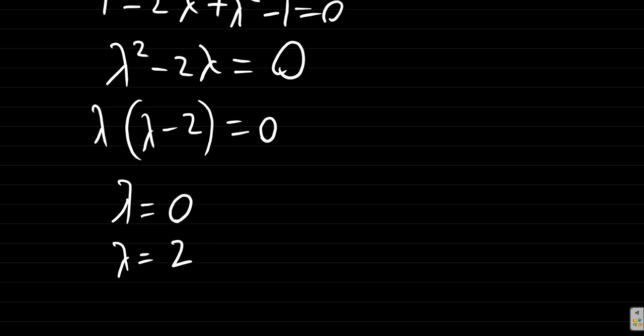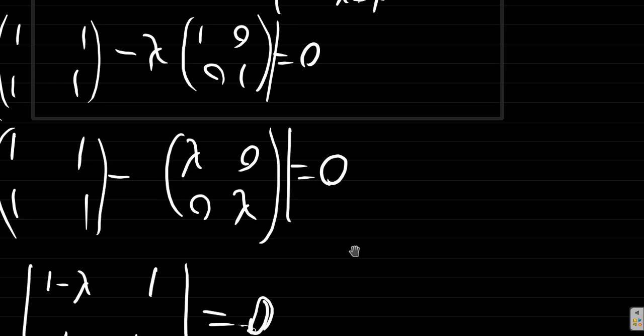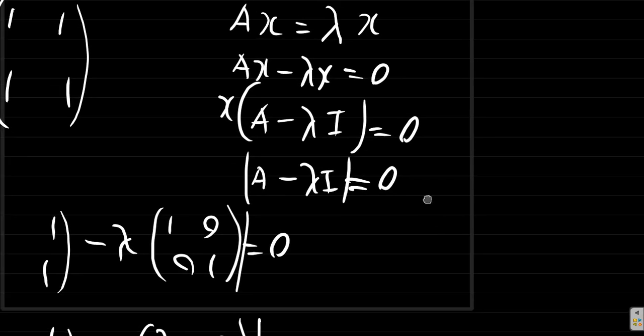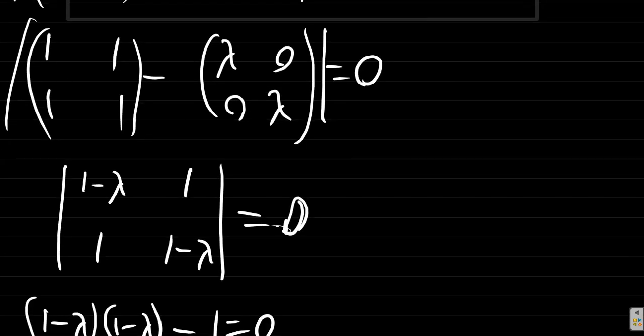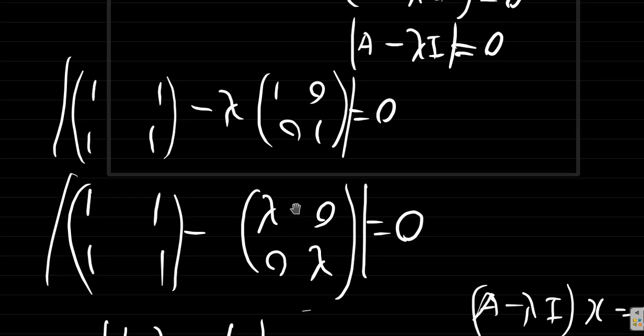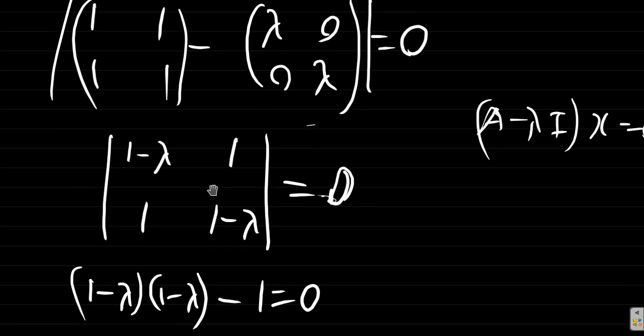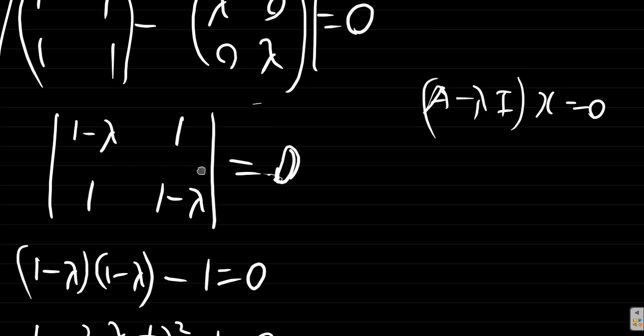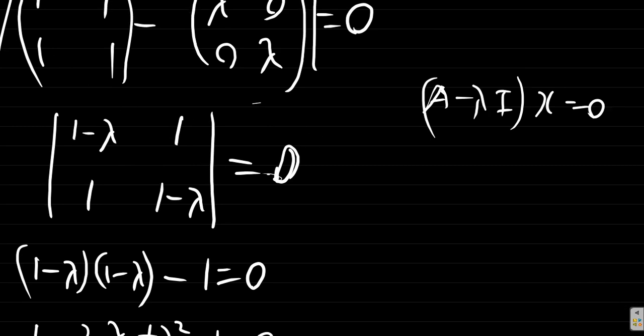Now, these are the eigenvalues. We want the eigenvectors now. Remember, when we have A minus lambda I times x equals 0, A is the matrix minus lambda I. We had worked it out and we got this for A minus lambda I. Times x is 0.